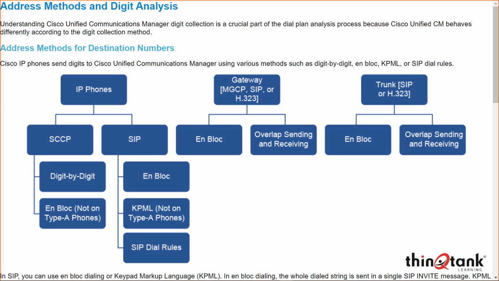So it's the same concept of doing digit by digit analysis in a skinny phone if it's not a Type A phone. Type A phones are kind of the older phones. The Type B phones are the newer phones. 7905, 7912, 7940, 7960 are considered to be Type A phones.